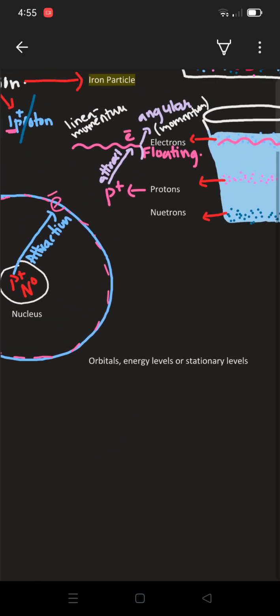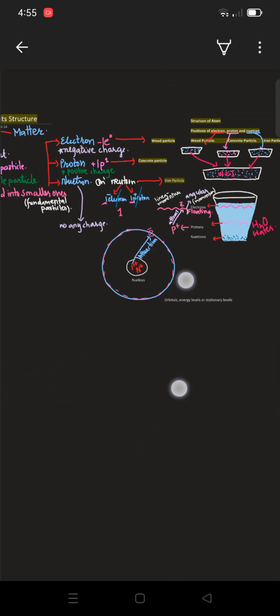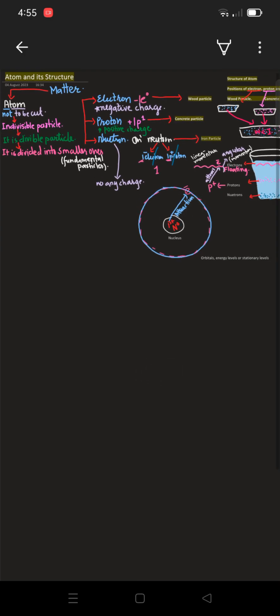These are basically all names of the orbits. So this was basically about the atom and its structure. Basically we have discussed the positions of the electron, proton and neutron in the atom. So this was all for today.